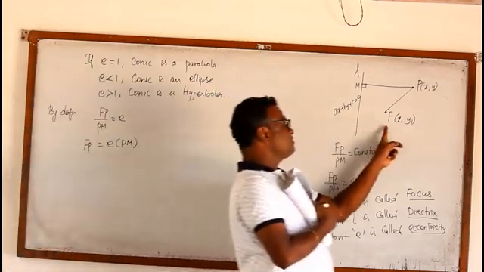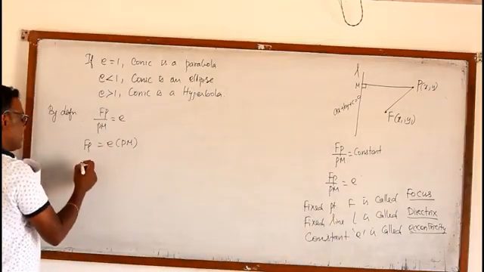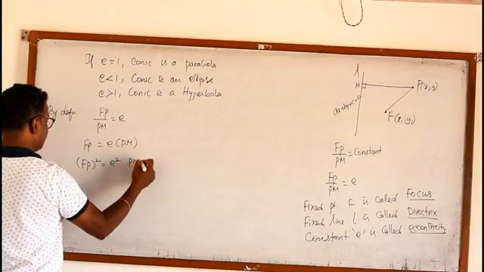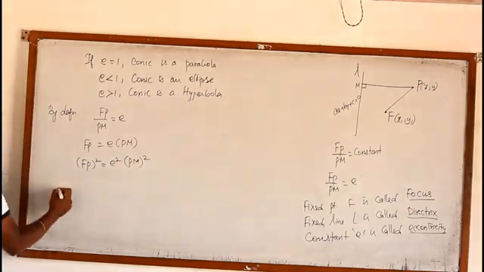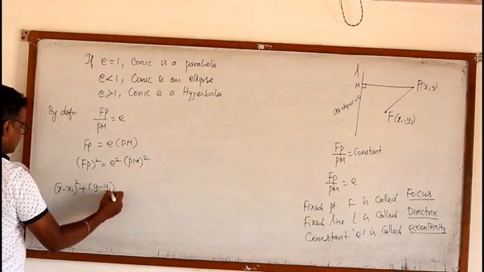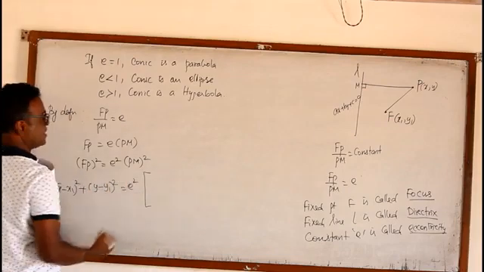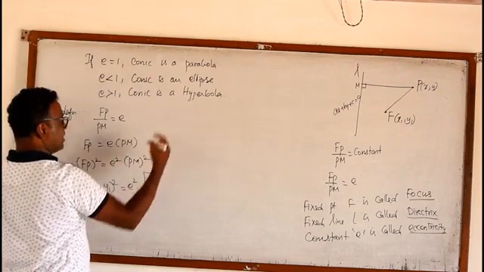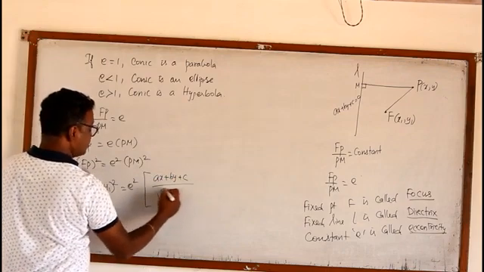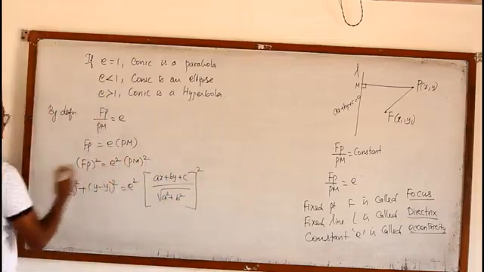FP, the distance between the fixed point and the moving point, is a square root. To avoid the root, shall I square on both sides? FP squared equals e squared into PM squared. Then FP squared is (x minus x1) whole squared plus (y minus y1) whole squared. The perpendicular distance from P to M is (ax plus by plus c) by root of a squared plus b squared, and we square it for PM squared.